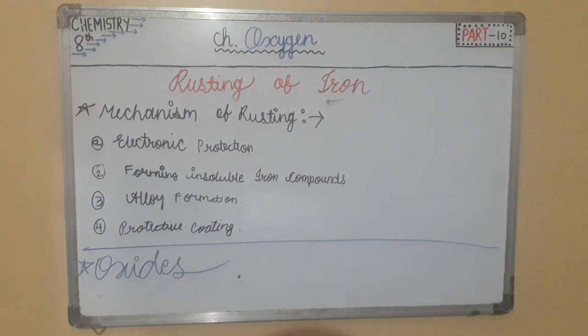First classification. Based on the nature of oxides, they are classified into different types. That is, type 1 classification.